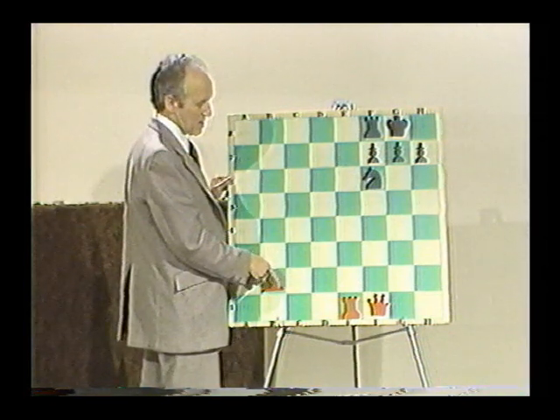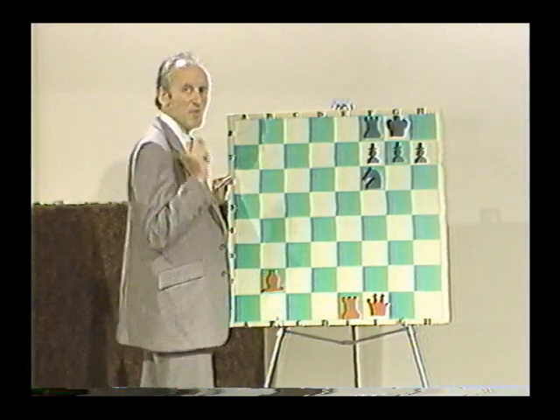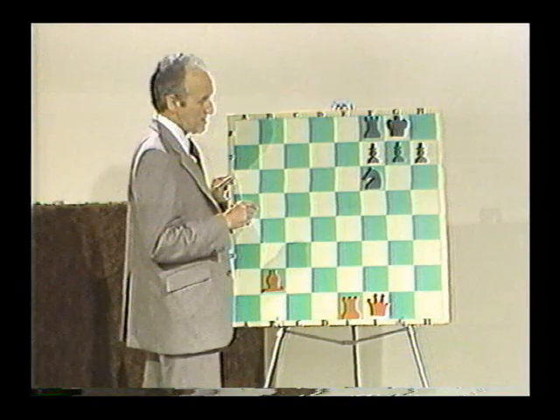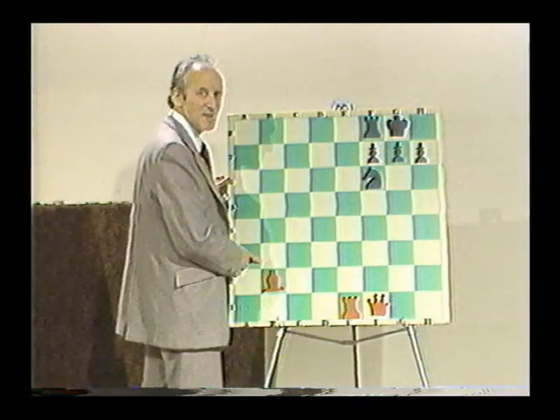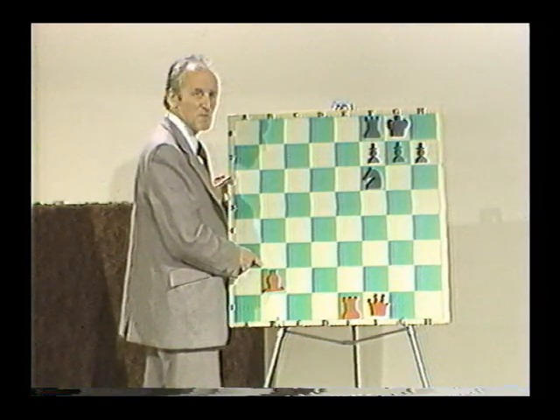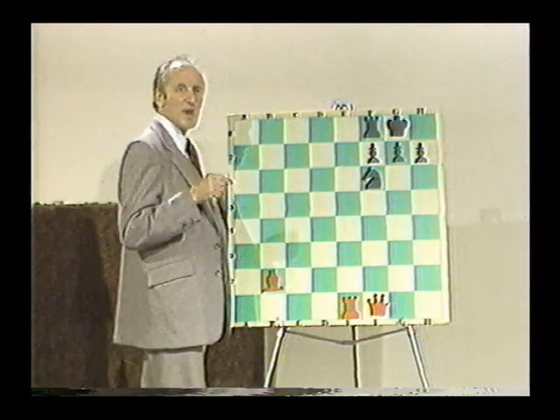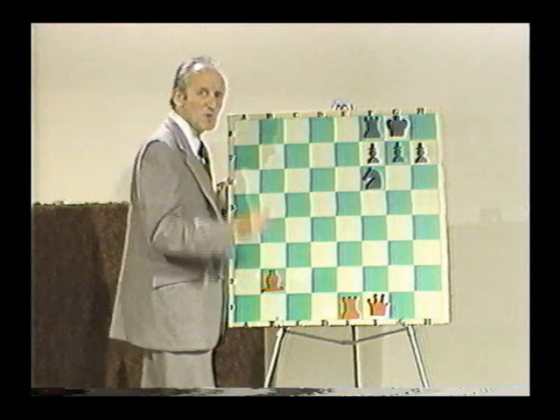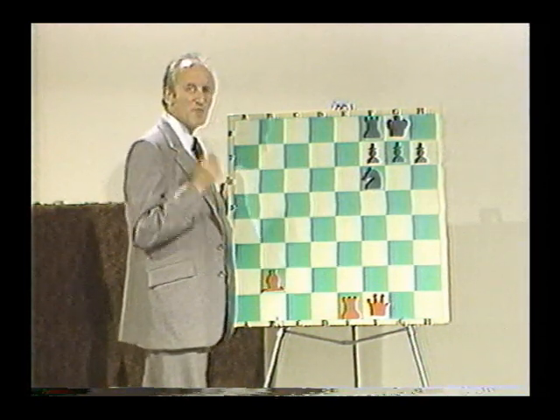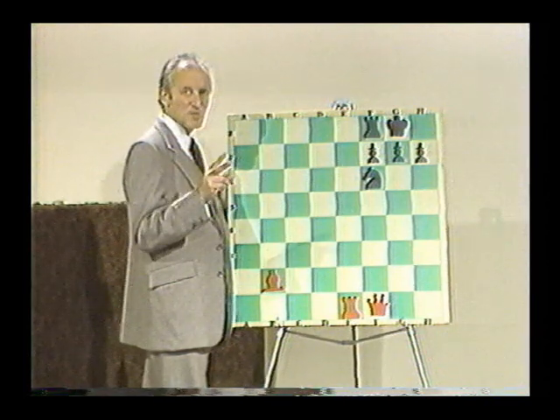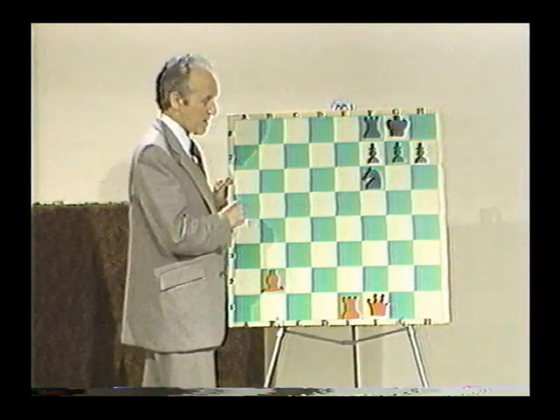In this position, white can win in 3 moves. White has a checkmate in 3 moves, and it's white to move. Now, when I say white to move and mate in 3, it means white moves, then no matter what black does, white can force checkmate in 2 more moves. That's white to move and mate in 3.